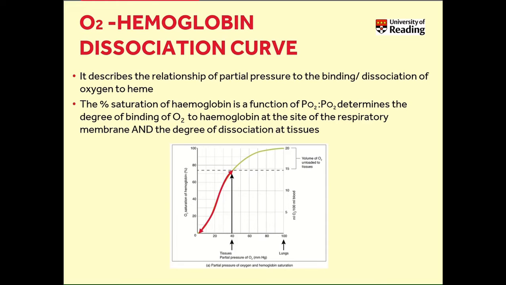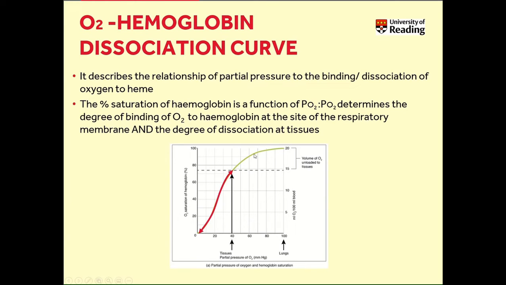And why? Well, that's due to the fact that the binding of the first molecule of oxygen to heme will increase the affinity for the second molecule, and so on. As mentioned earlier, there is a positive cooperativity in the type of binding.